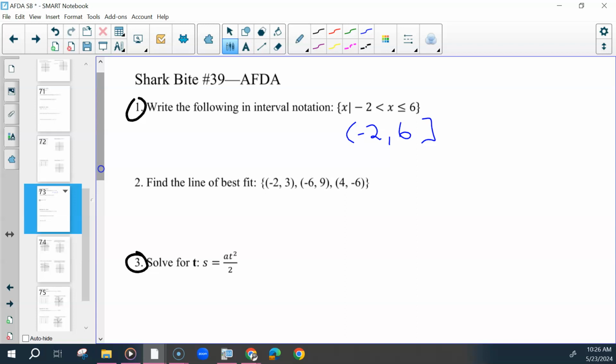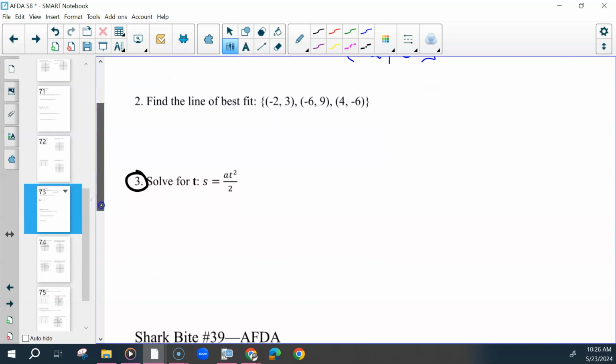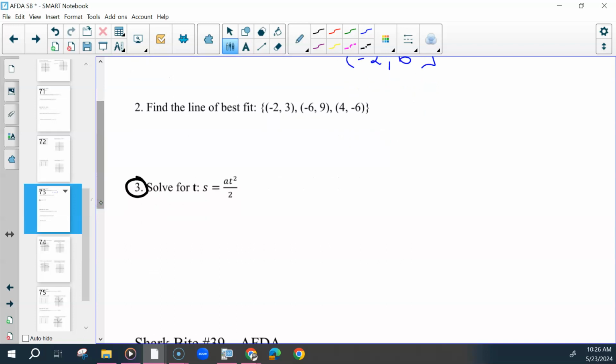For number three, if you were solving this for the t, you have to get t by itself. Get rid of 2 by multiplying on both sides. Get rid of a by dividing.